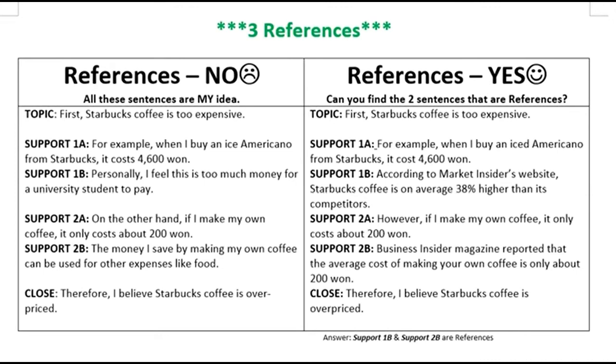On the other hand, if I make my own coffee, it only costs about 201. The money I save by making my own coffee can be used for other expenses like food. Okay, for the closing. Therefore, I believe Starbucks coffee is overpriced.